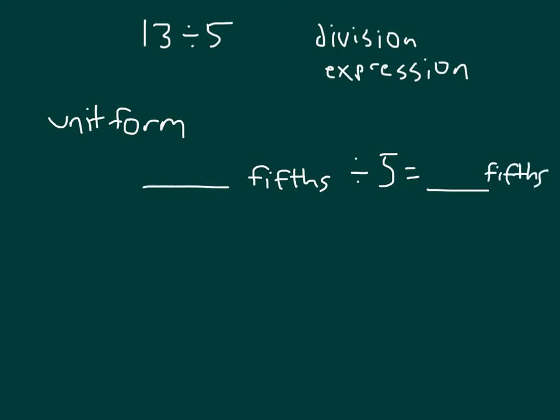And this is the equation that we would end up solving. Something fifths divided by 5 equaling a certain amount of fifths. And then we need to figure out this 13 here, how many fifths that 13 is worth, because I am still dividing by 5 here.